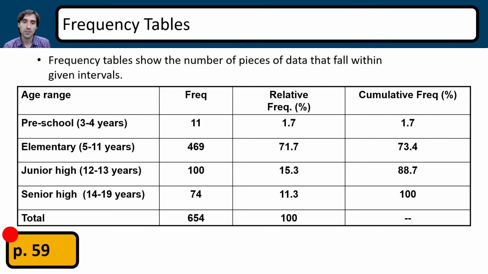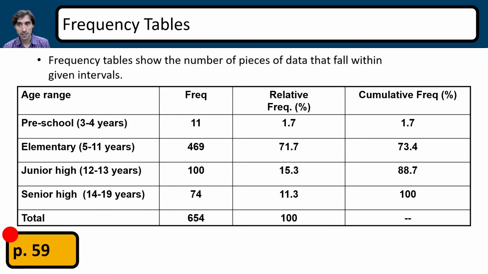If you divided them into preschool, elementary, middle school, and high school, you could make a frequency table to get a better view of what your data looks like. In this example, we only have 11 preschoolers versus 469 elementary school students, just 100 middle school and just 74 high school students.